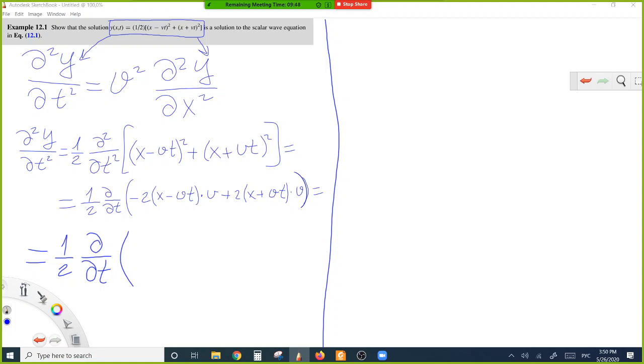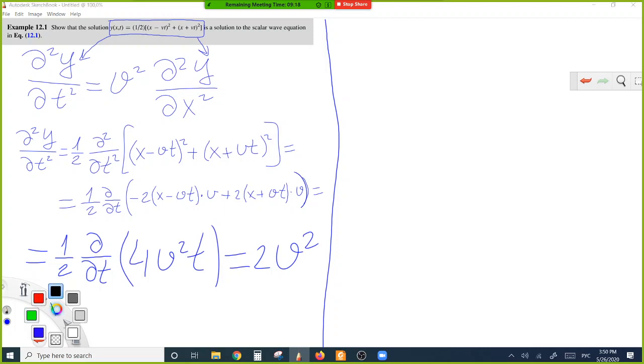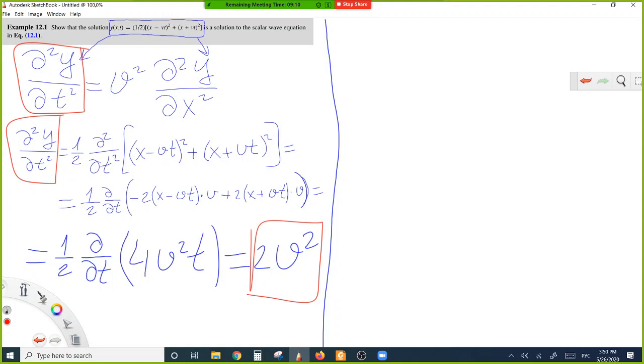There remains only plus 2v squared t plus 2v squared t, that is 4v squared t. If we take the derivative of this with respect to time, we get 4v squared, and 1 over 2 multiplied by 4 is 2v squared. So the left hand side is equal to 2v squared.